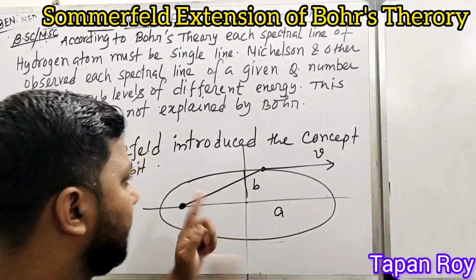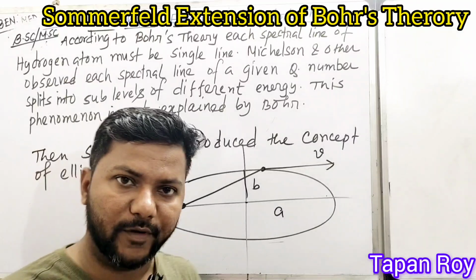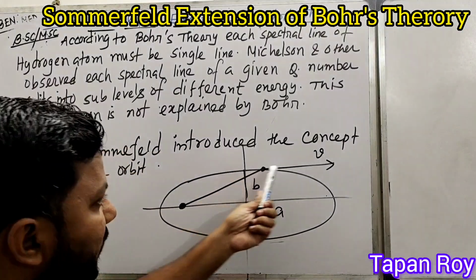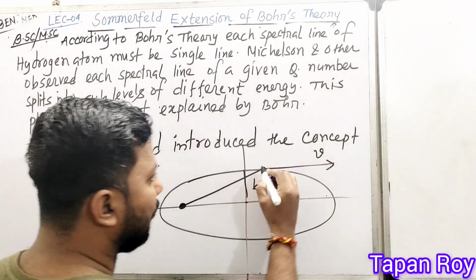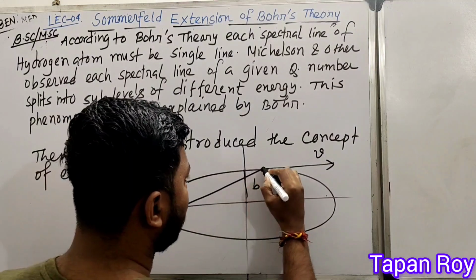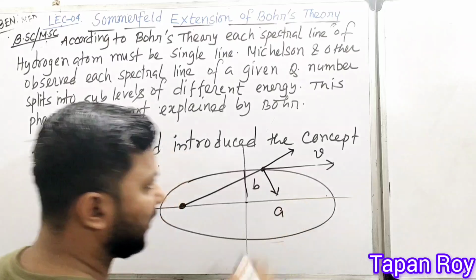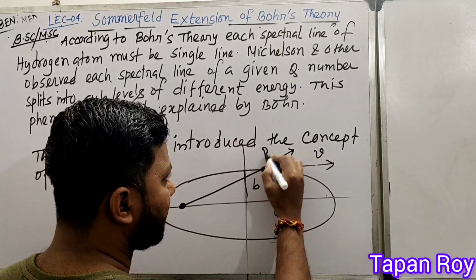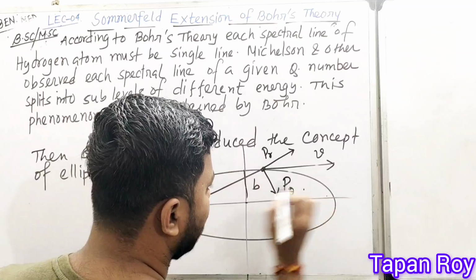Now if we see the motion of the electron in its plane, the velocity or the momentum has two components. One is the radial part, p suffix r, and the other is the azimuthal part, p suffix theta.